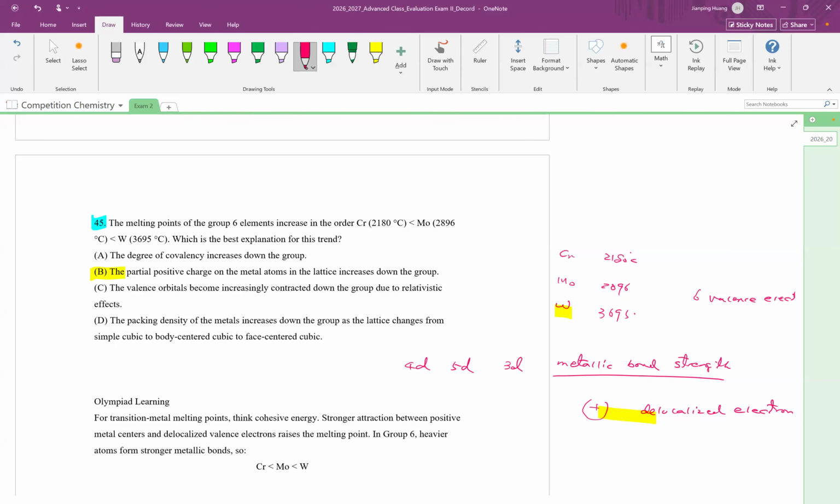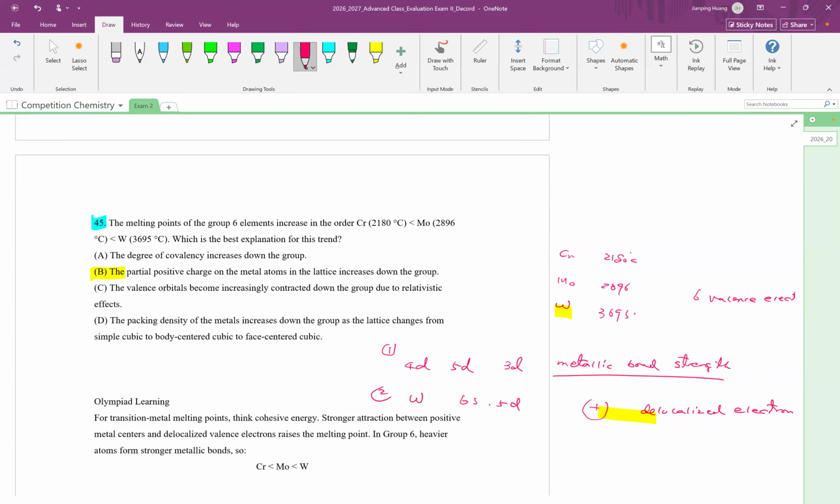That's the first reason. The second one, why is this bond strong? For W, of course, remember, you have 6s and a 5d orbital. And that is also related to the relativistic effect.